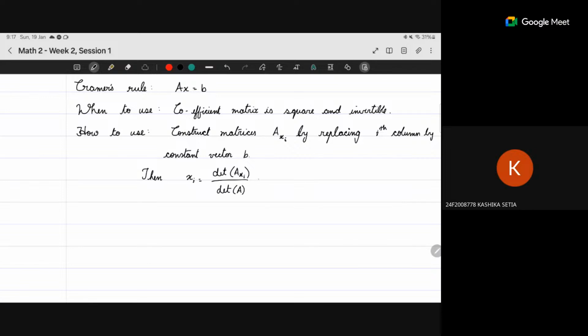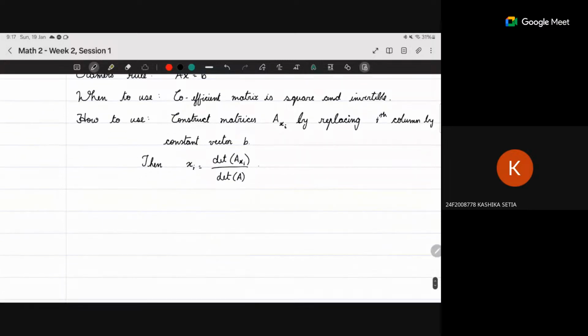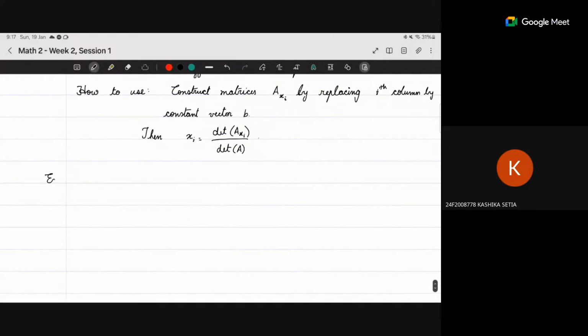Now, this is a little too formulaic, so let's do it with an example, then come back to this. Suppose I'm given a system of equations. Let's call it 2x plus 3y is equal to 10 and 3x minus y is equal to 4.